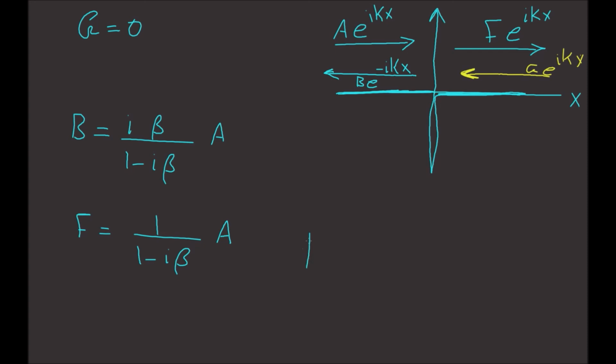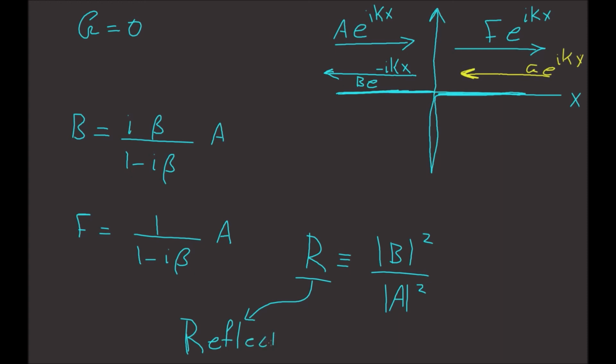We're going to define R as the modulus square of b, the reflected wave, divided by the probability of the incident wave. So R is the reflection coefficient.